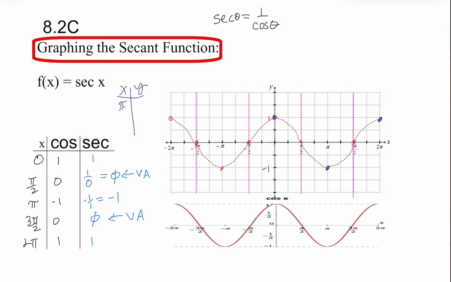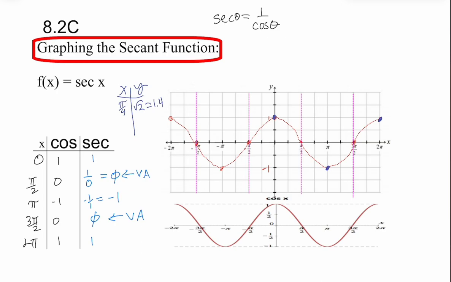Let's talk about pi over 4, 45 degrees. The cosine of 45 degrees is square root of 2 over 2. You might recall that. Square root of 2 over 2 is about 0.707, I believe. And so if you flip that over, you actually get the square root of 2. So the secant of pi over 4 is the square root of 2, which is about the decimal 1.4.